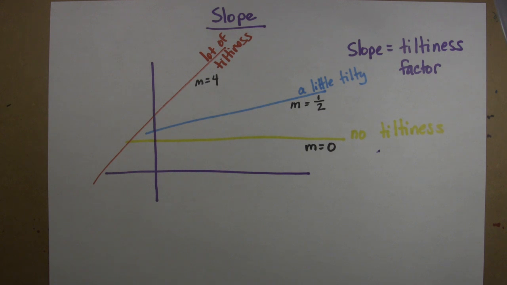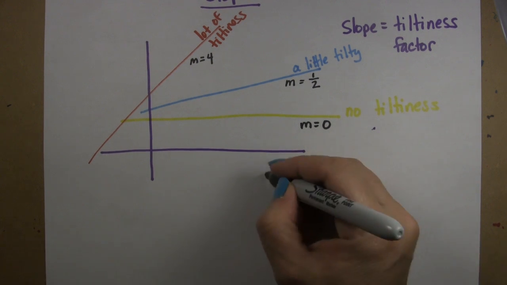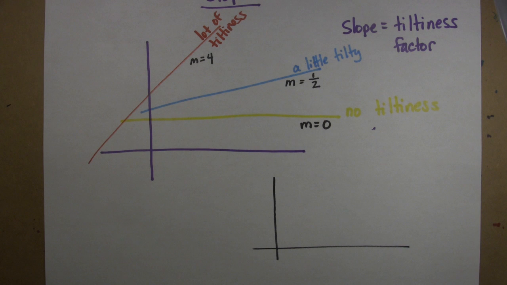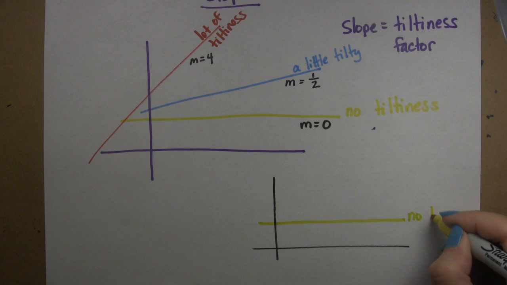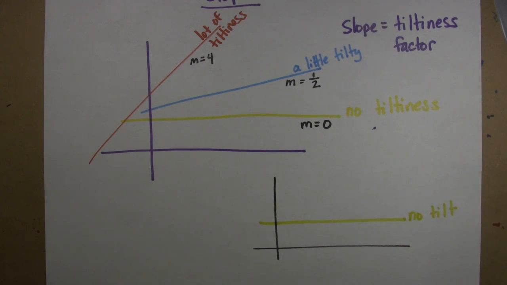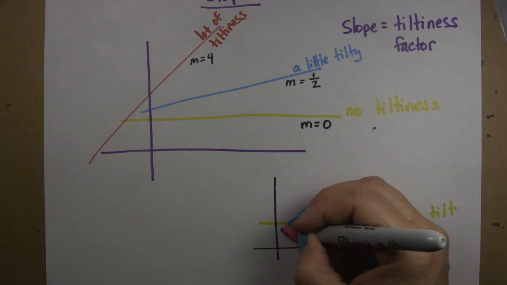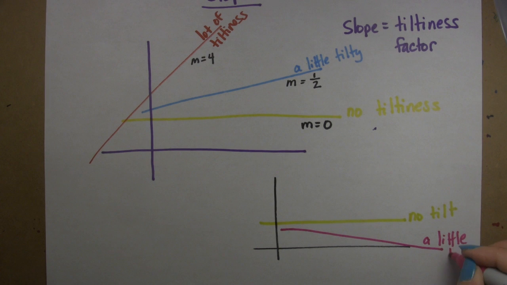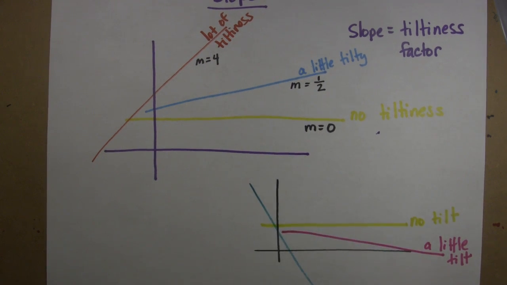Now, this also works in the opposite direction, and I will show this to you here. Here's another graph. And so once again, we have our no tiltiness line. But we can also draw a line with a little tilt, or we could draw a line with lots of tilt.